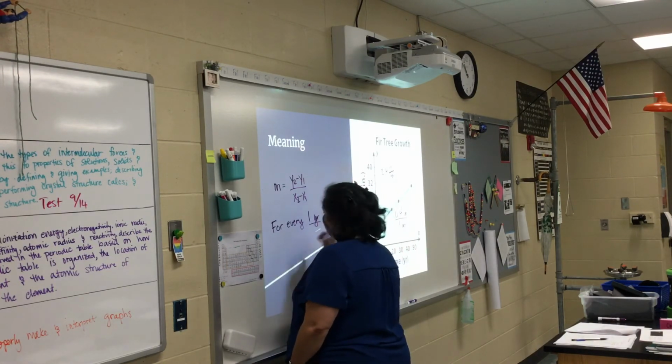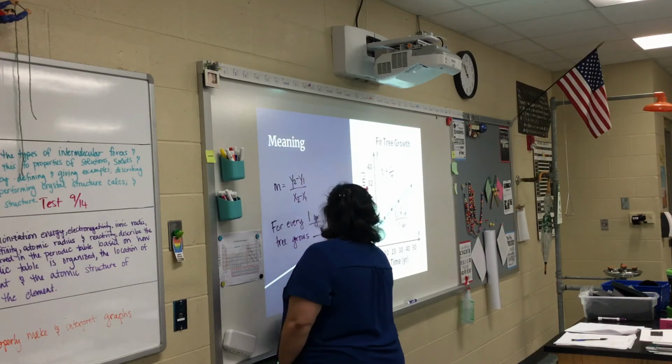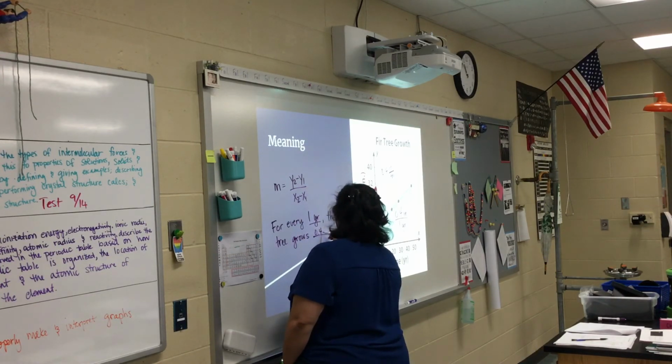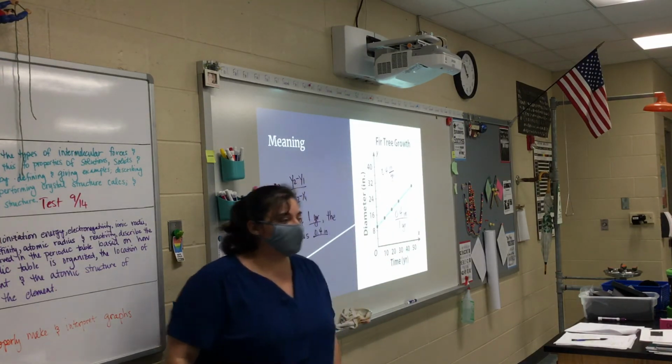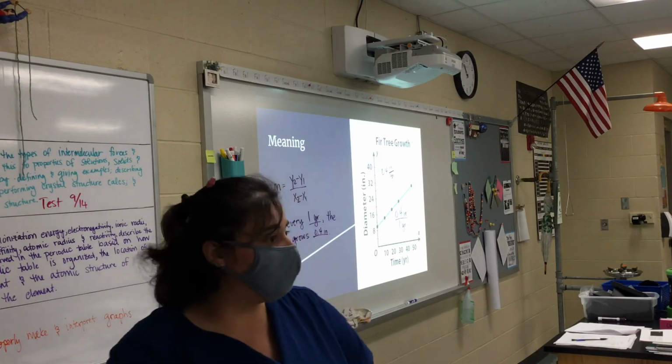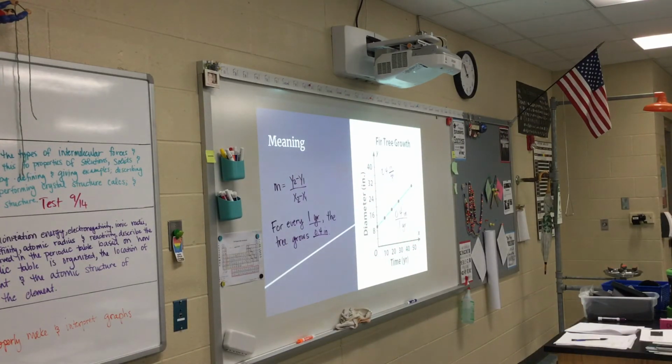The tree rose 0.4 inches. That's what our slope means. How do we feel about that? Good? Okay.